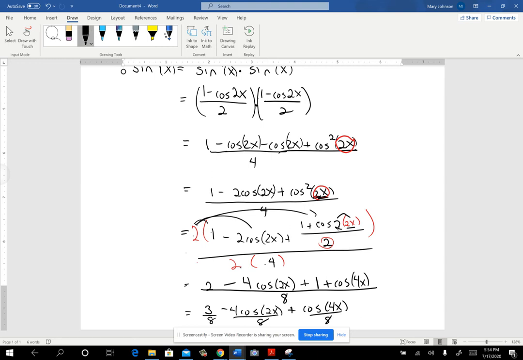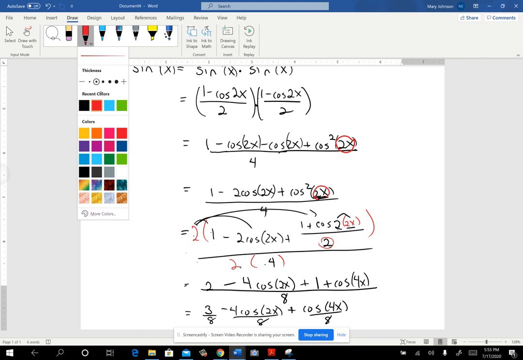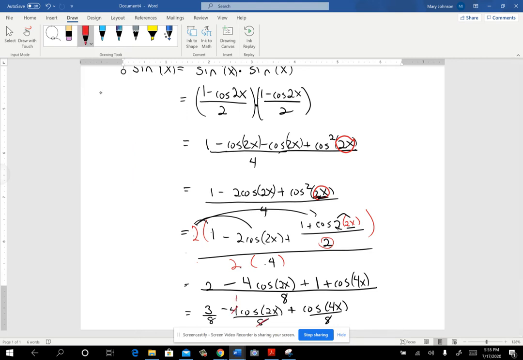Okay, and then I'm noticing right here that I could simplify that one. That would be a 1/2 right there. And so my final answer, let me do it in red, would be 3/8 minus 1/2 cosine of 2x plus 1/8 cosine of 4x.